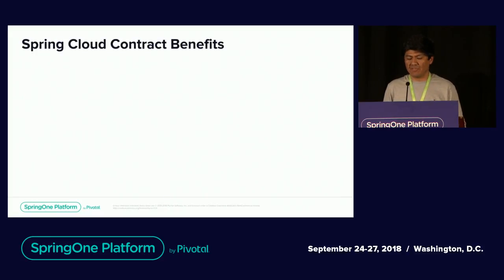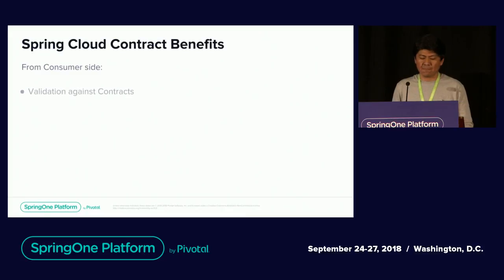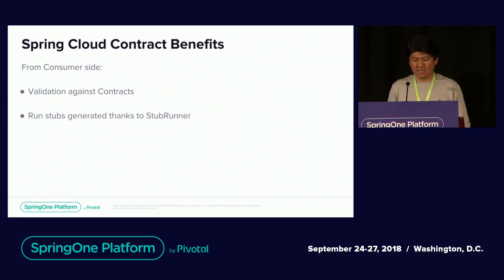There are also benefits for the consumer side, because the consumer will be validating the request against the contracts, and it will be running the auto-generated stubs thanks to a stub runner, which is provided by the framework itself.